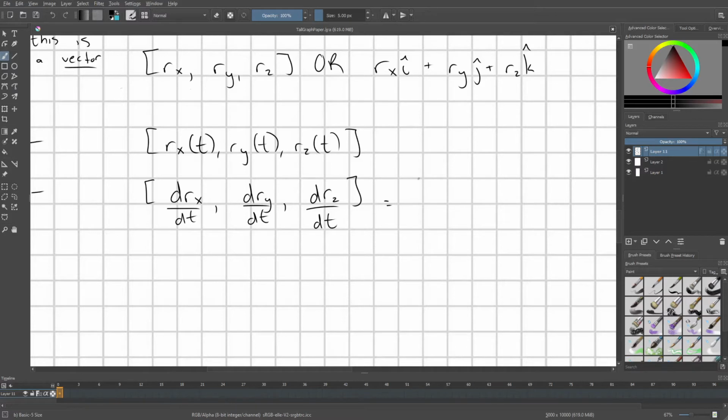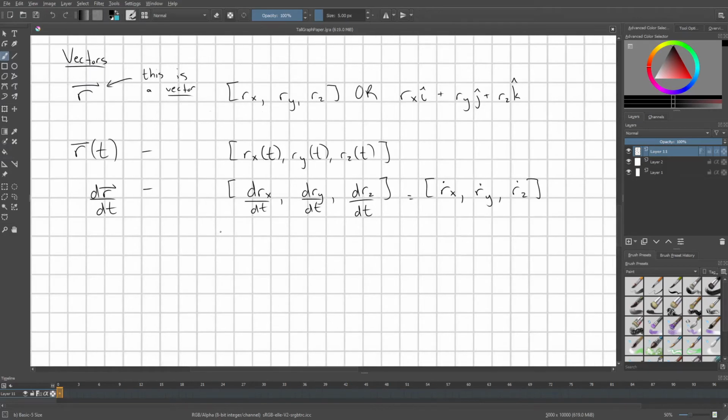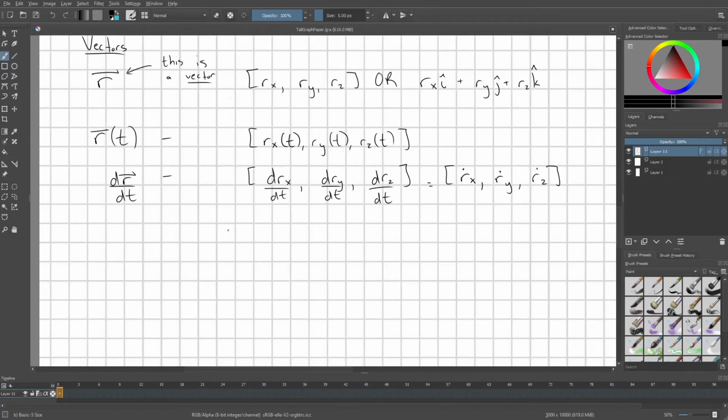Which, from before, we said would be equal to just putting dots over them, where the dot indicates a time derivative. Right, so just to re-emphasize that point. Okay?